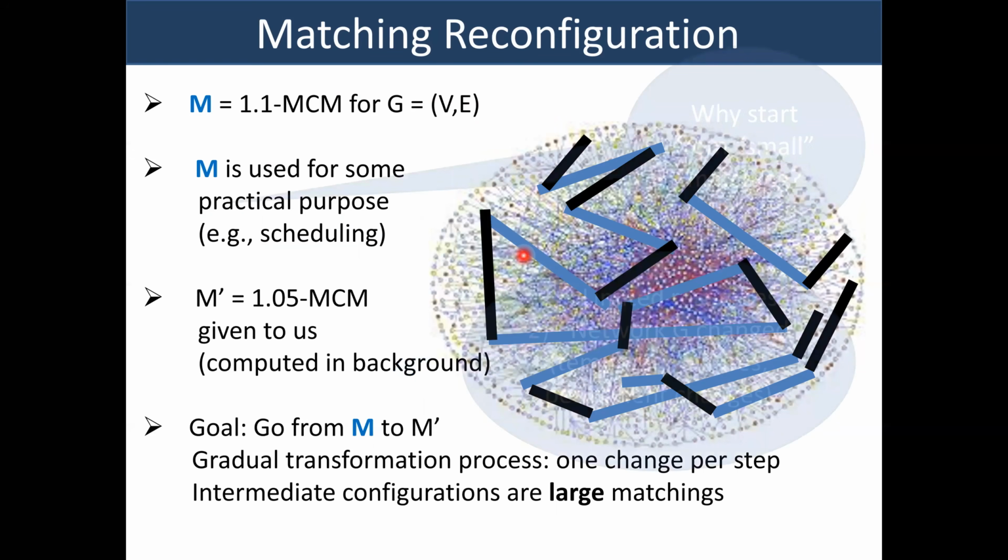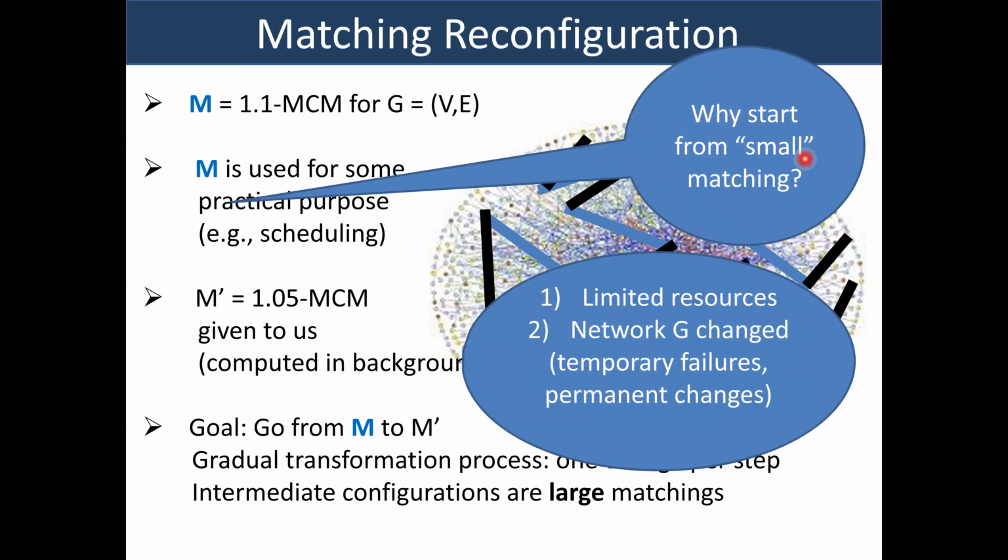So the first question that you might ask is, why did we start from a small matching? There could be several reasons. One of them is that maybe we have limited resources. Maybe the matching is not computed by us. Maybe we receive it from a third party.